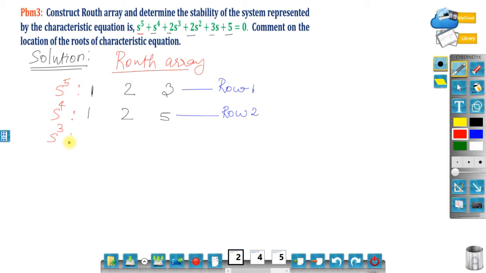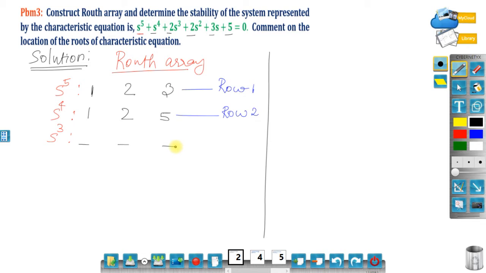Now we need to calculate the s power 3 row. In order to calculate the values in the s power 3 row, we need to take the previous 2 rows.